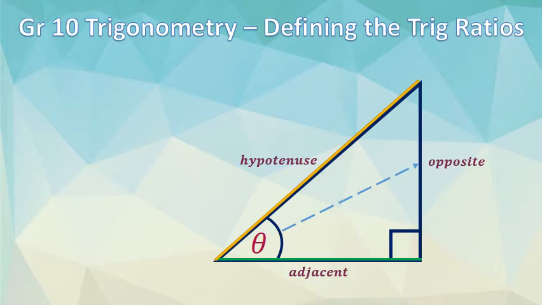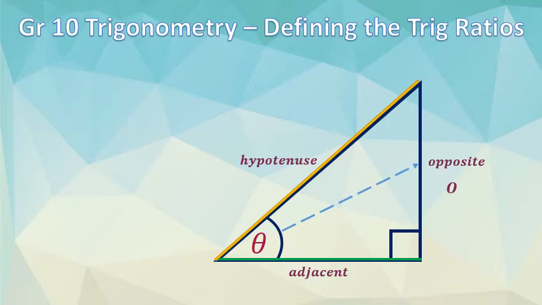So the easiest thing to do when you're faced with a right-angled triangle is to first identify and highlight your hypotenuse. We like to use abbreviations, purely the first letter of each of these words, to save ourselves some time.